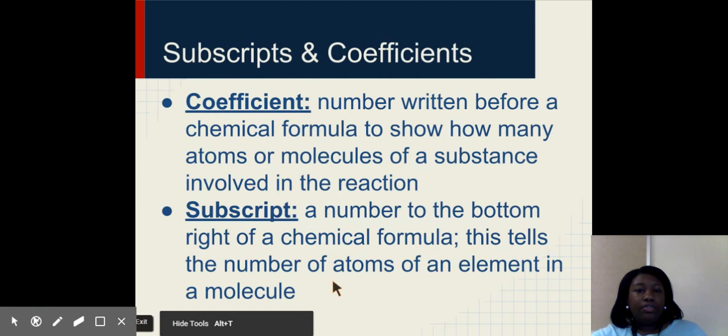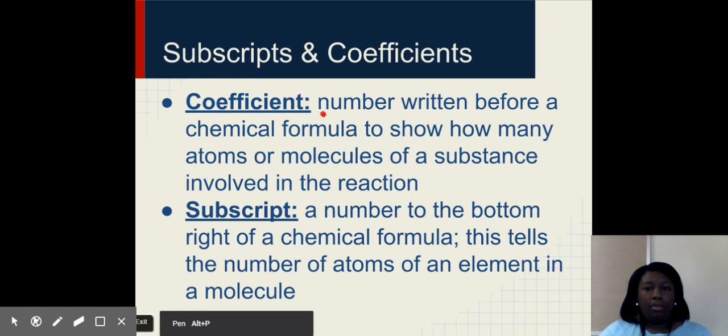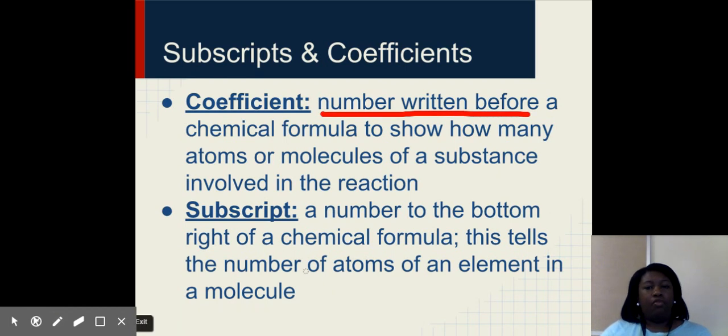So the difference between a subscript and a coefficient is really not a big difference, because they're both representing a number of atoms. The difference is that the coefficient is written before the chemical formula, and it can be changed. So remember, that can be changed.